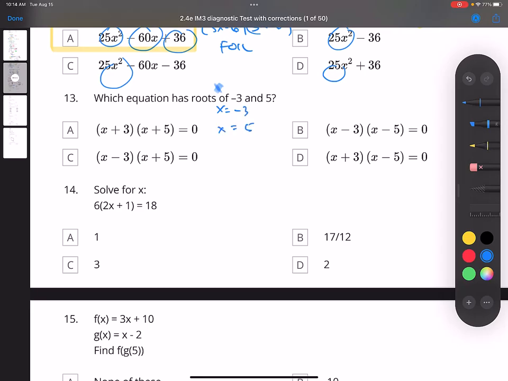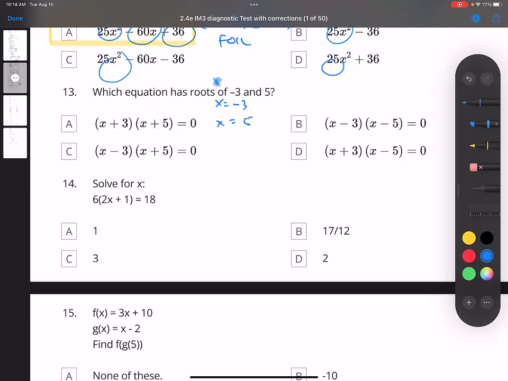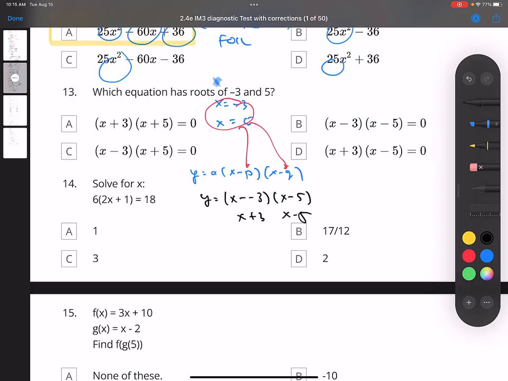So what you can do is put this into quadratic factored form, y equals a times (x minus p)(x minus q), and those values just go there and there. You don't need the a value, so y equals x minus negative 3. Pay attention there, and x minus 5, so that becomes (x plus 3)(x minus 5), and that would be choice D.